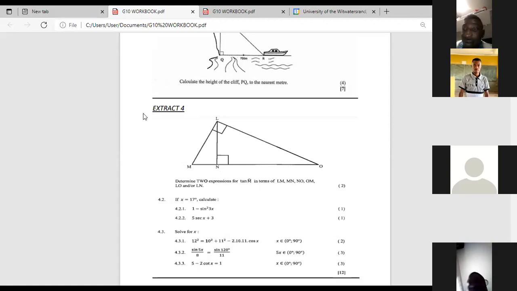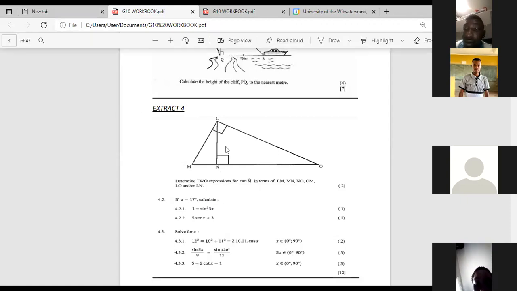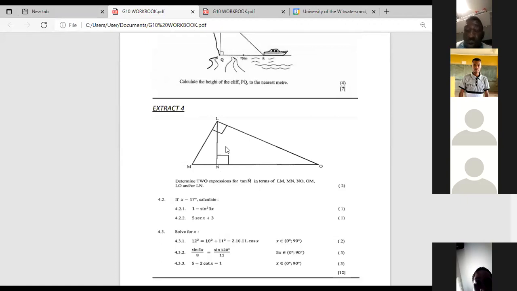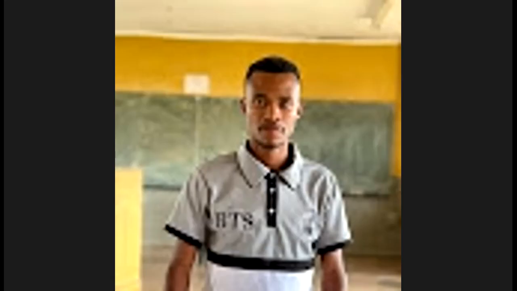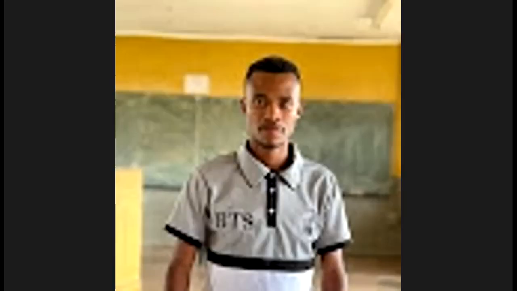Use the chat box instead. If you have a question, use the chat box, or raise up your hand. We understand each other. If I mute you and you want to say something, raise up your hand. If you want to speak, you raise up your hand, because there's disturbance and we only have 40 minutes.